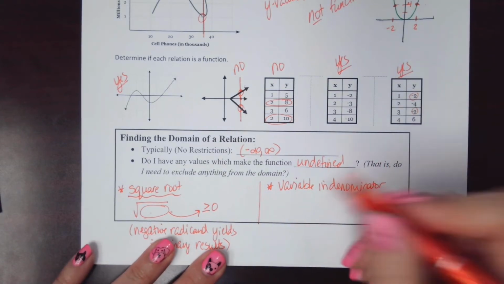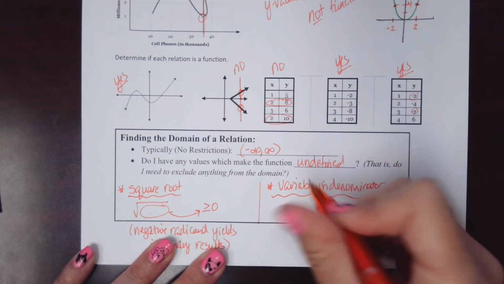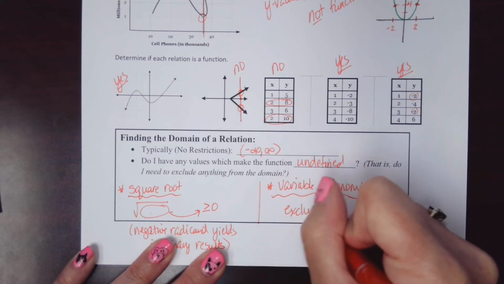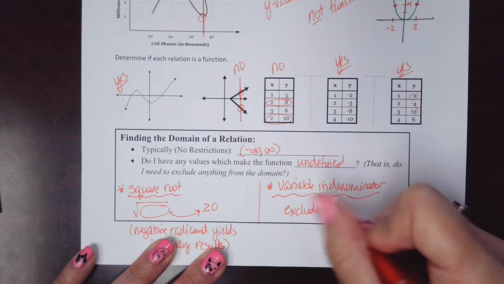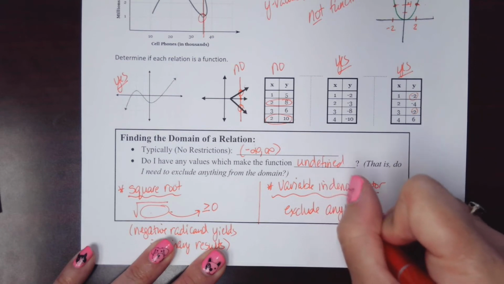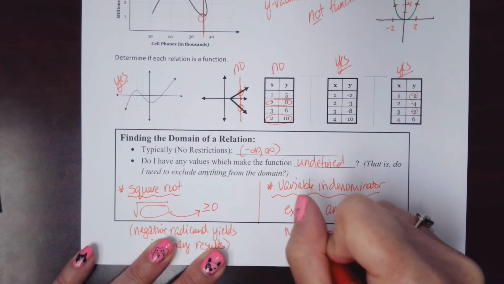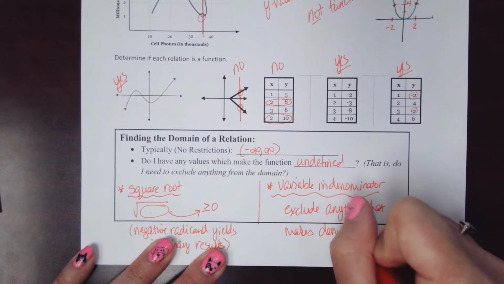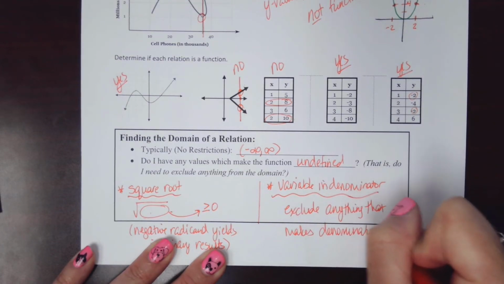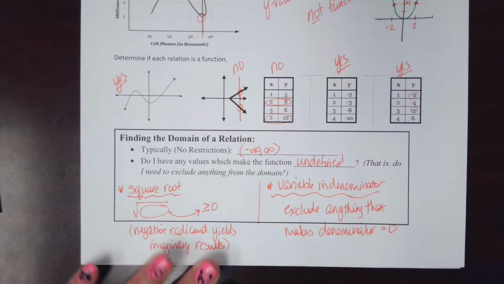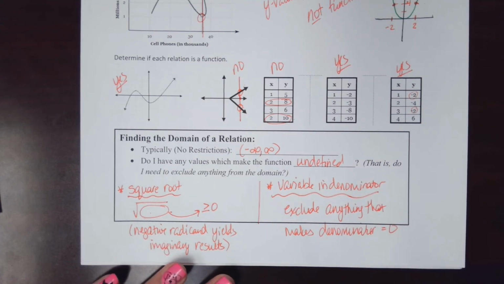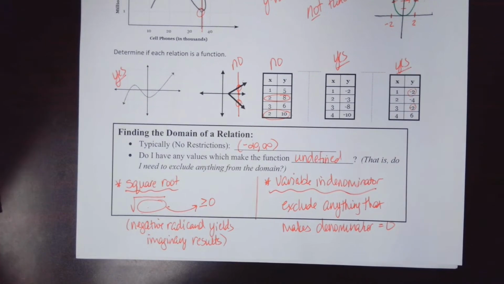If I have a variable in the denominator, I have to make sure that I exclude from the domain, I kick out of the domain, anything that makes my denominator 0, because division by 0 is undefined. Okay, let's look at the next page to get some examples of this.